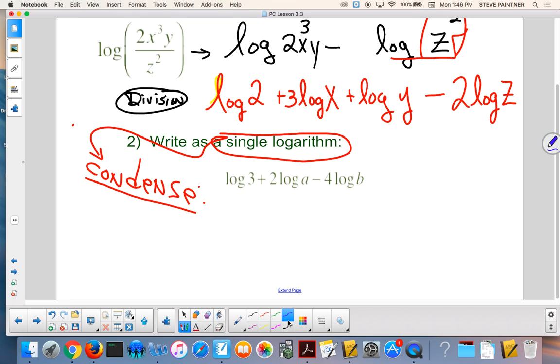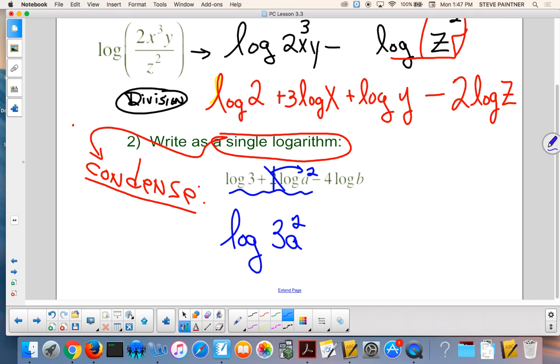So what would you do with these 2 logs since it's addition? Multiply, right. So log of 3 times what? It's a, but that's your exponent, so this can go up here, right? So it's 3a what? 3a squared.